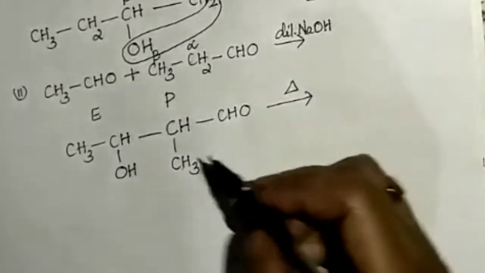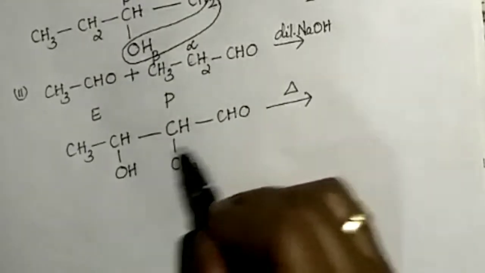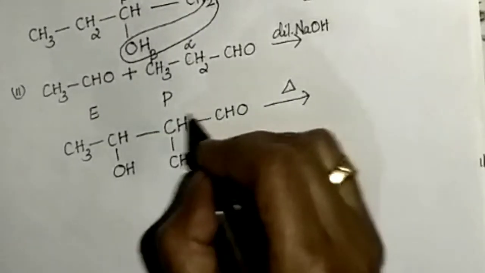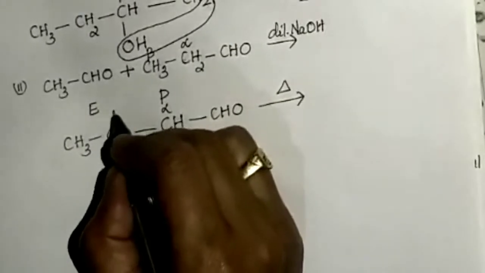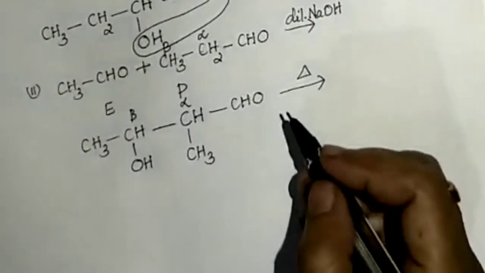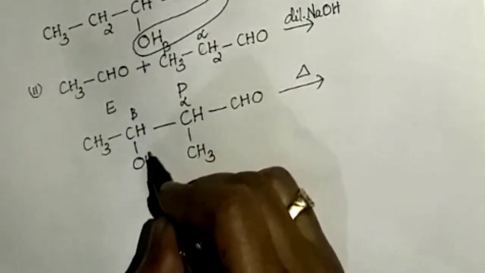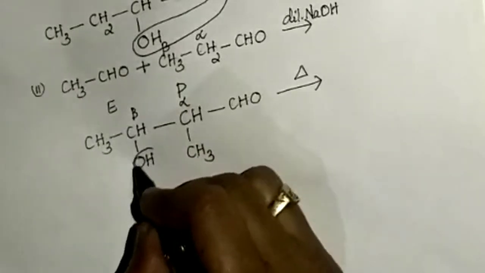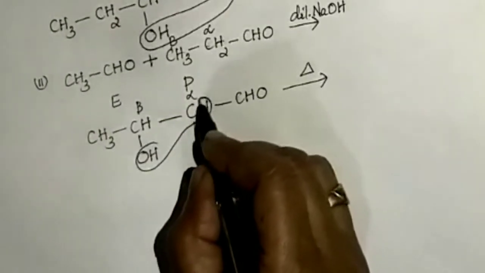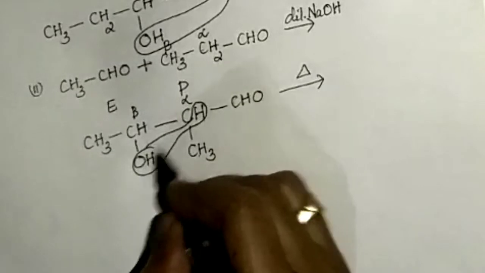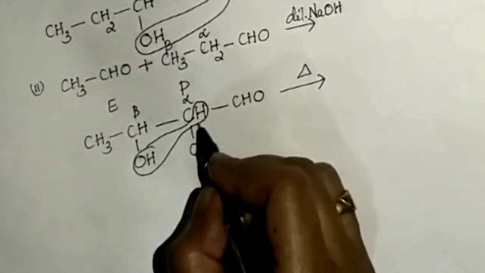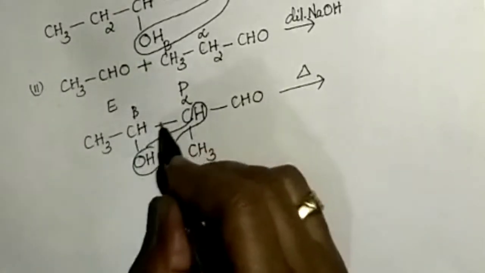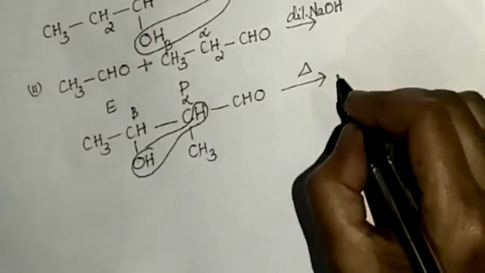Then on heating, we get an aldol. On heating, this is alpha, this is beta. From this beta carbon the OH and the alpha carbon hydrogen, H2O elimination takes place, and between alpha and beta a double bond is formed.